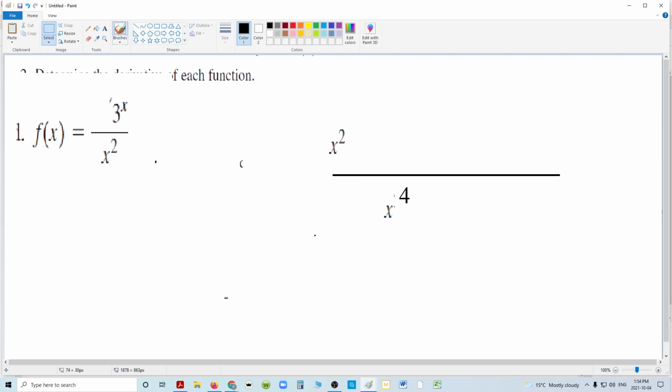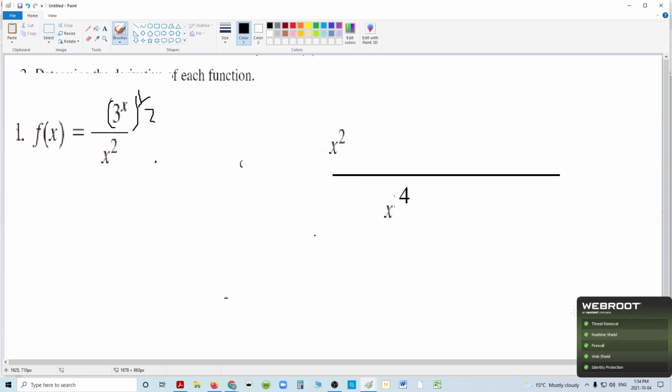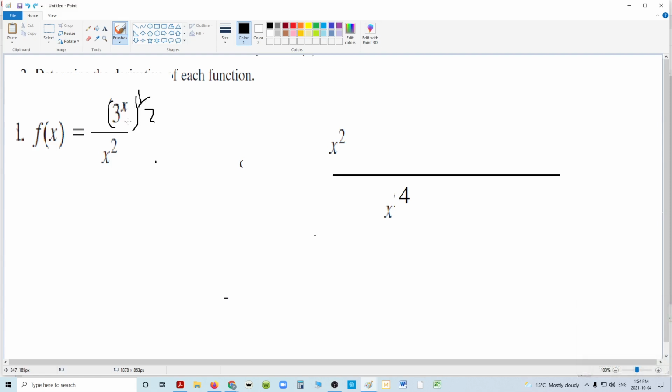That square root is the same as the 1/2 power. So the derivative of this function says I have to, and now I can distribute that through. I can just multiply that times the x, and that x becomes a 1/2 x. That's the rule of exponents.